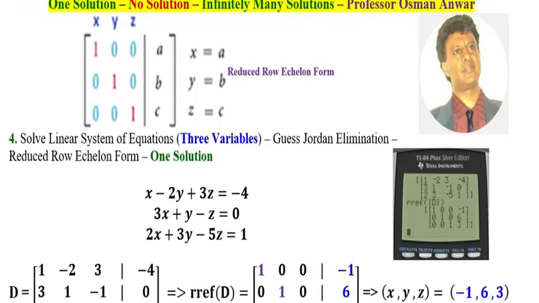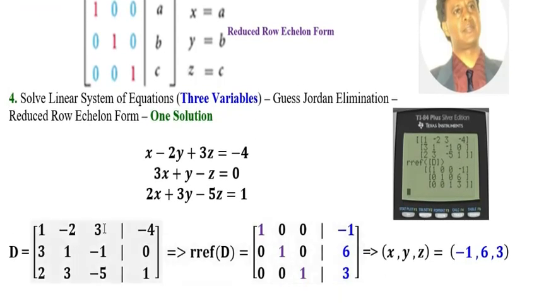We create a matrix called D. For x we have 1, 3, 2, for y minus 2, 1, 3, for z 3, minus 1, minus 5, augmented with minus 4, 0, 1. When we do RREF D, we get 1, 1, 1 in the diagonal, 0 above the diagonal, 0 below the diagonal. That means x equals minus 1, y equals 6, z equals 3.